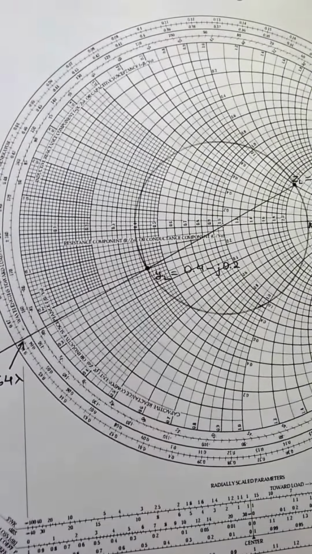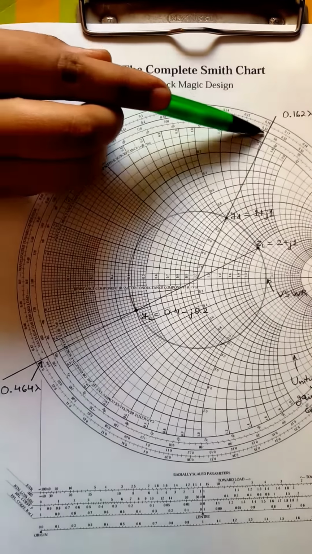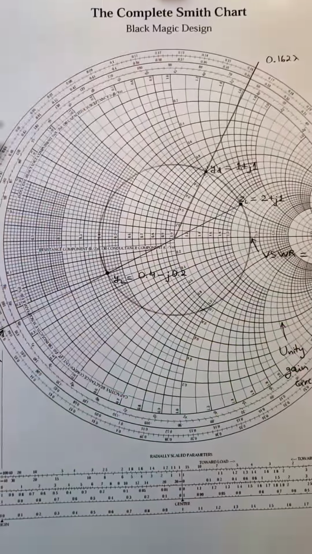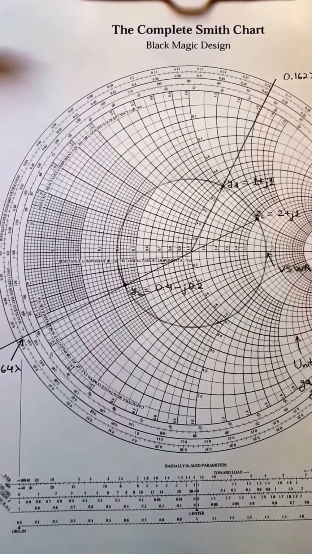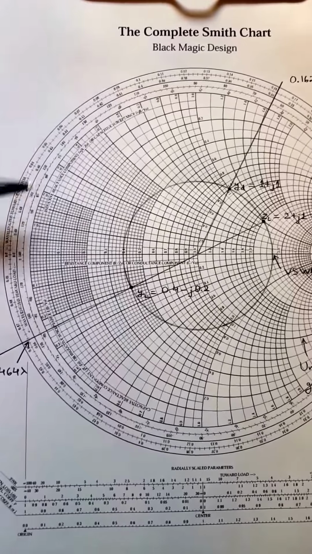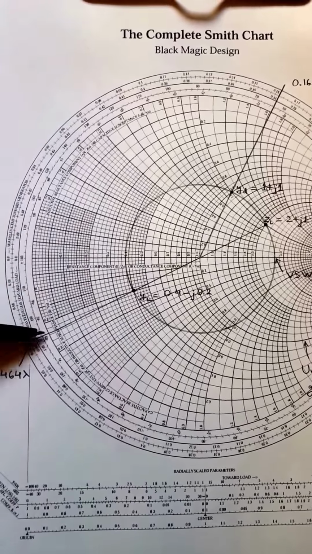Now we have to calculate the distance d, which is obtained by calculating the distance between these two lines. The total Smith chart circle corresponds to 0.5 lambda, and so for calculating the distance d, we divide it into two parts. First we calculate the distance between this and this.